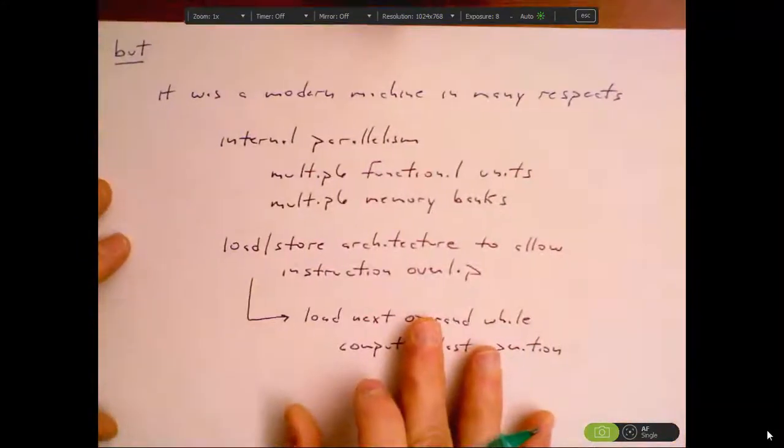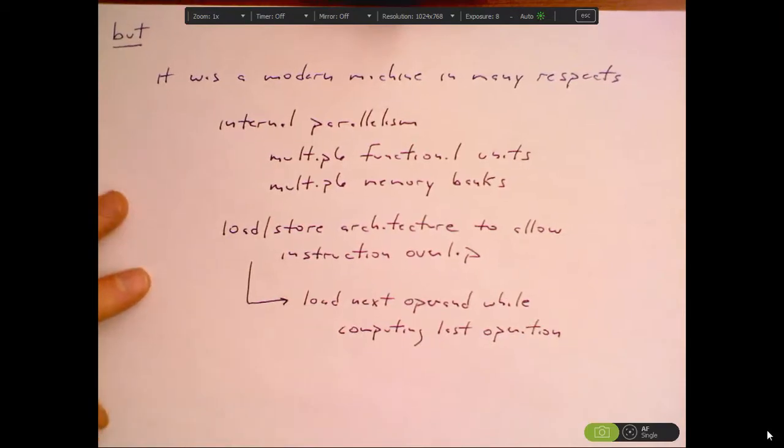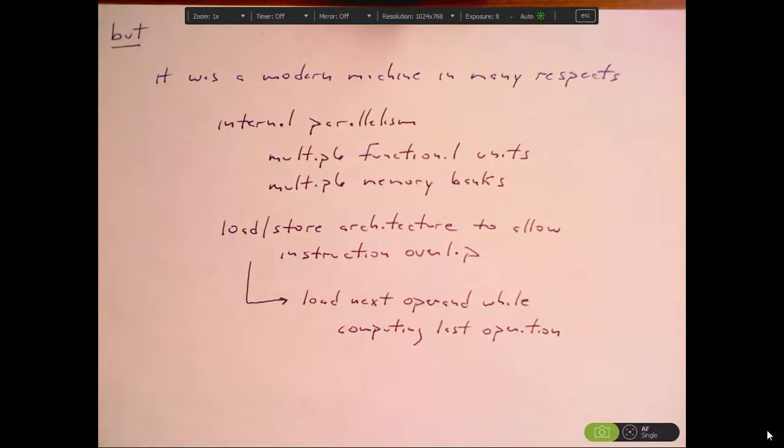But the CDC machine was a modern machine in many respects. For instance, it had internal parallelism. The CPU itself, if you opened it up, had multiple functional units, so it could be computing multiple instructions at the same time. It had multiple memory banks, so it could be reading multiple memory locations at the same time.